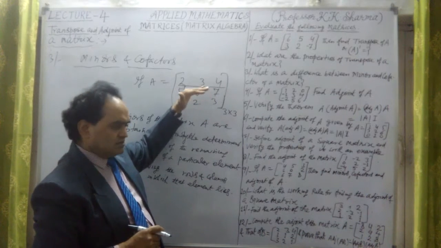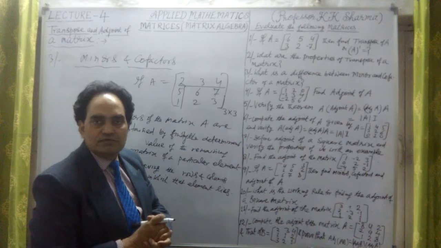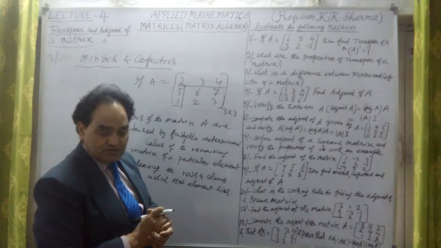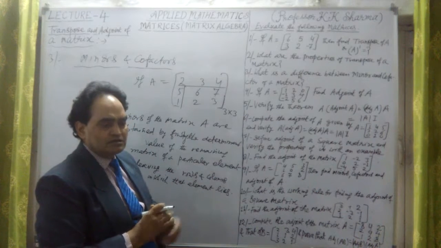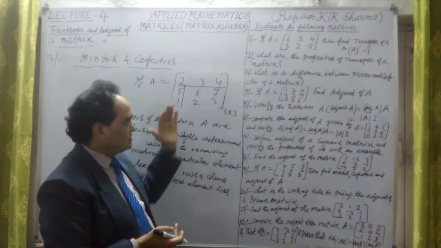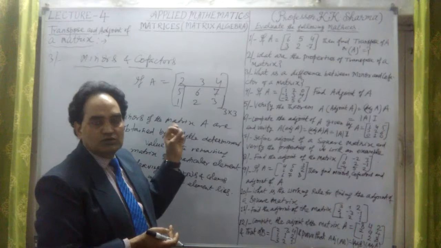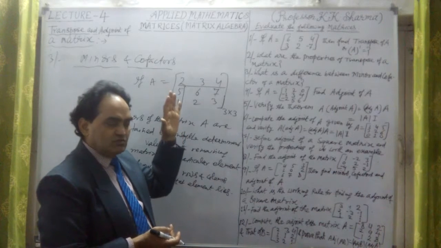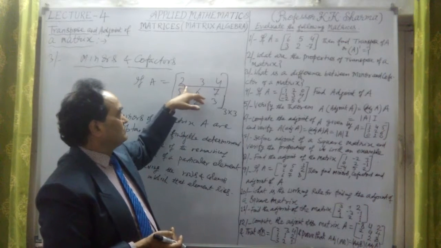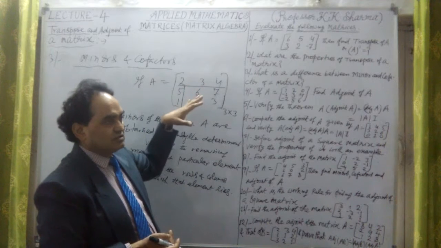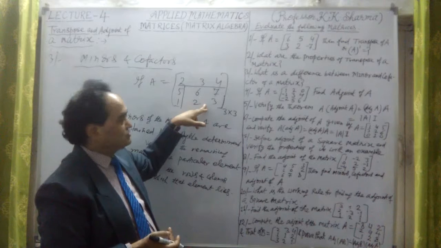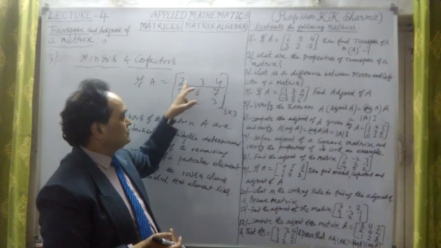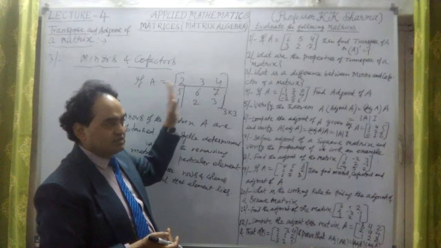So the minor is a smaller matrix, or the value of the matrix which is smaller than the original matrix, which is bigger, and then we have to find out minors of every element. To obtain the minor of any element, we have to remove that row and column in which that element is lying.